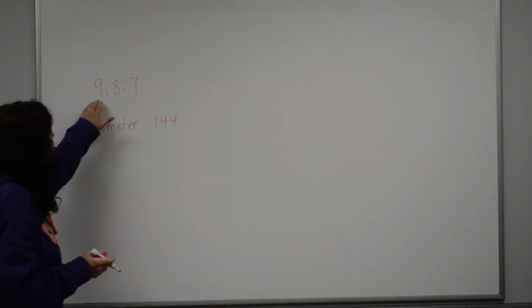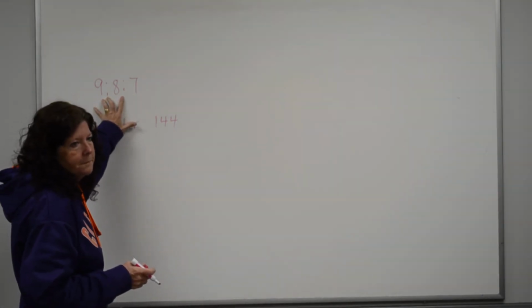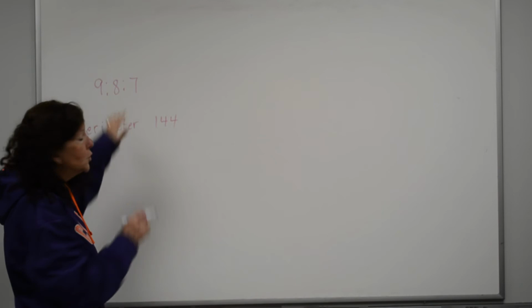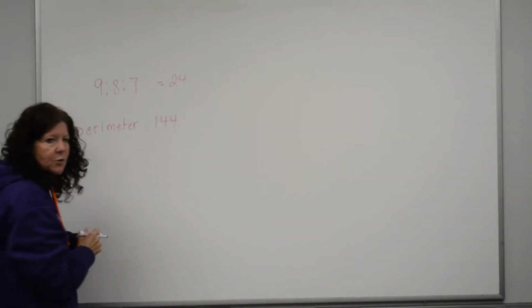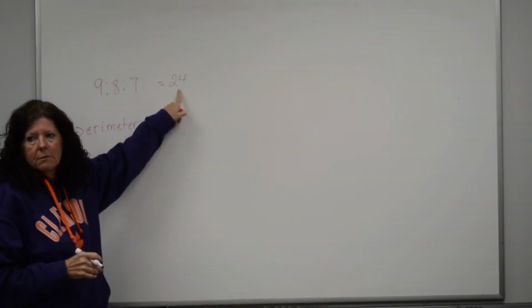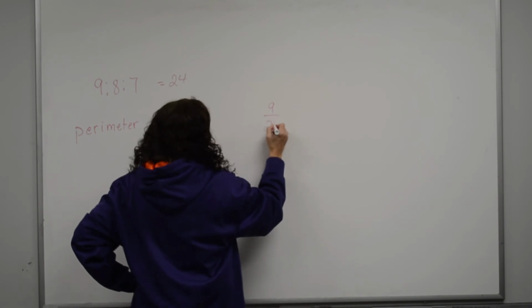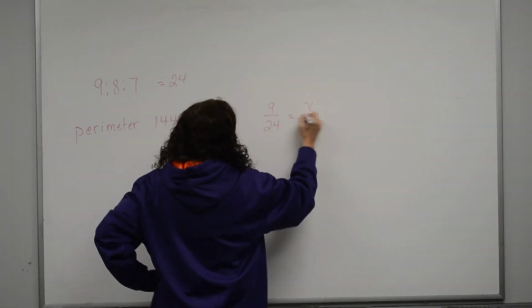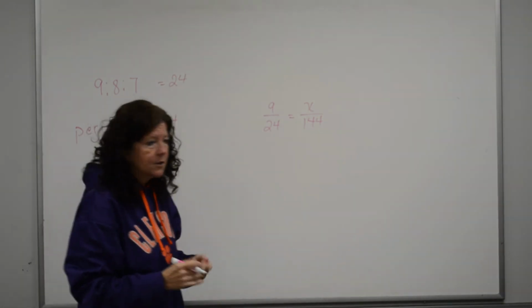If I added all this together, what would I get? 24. So essentially if that was my actual triangle, that would be the perimeter of that triangle. So I could say 9 is to 24 as X is to 144, and I can solve for the X.